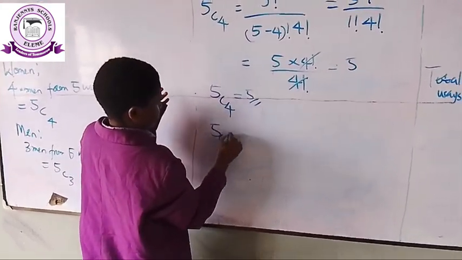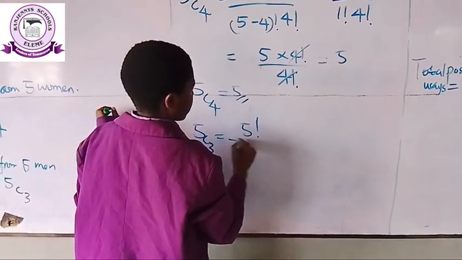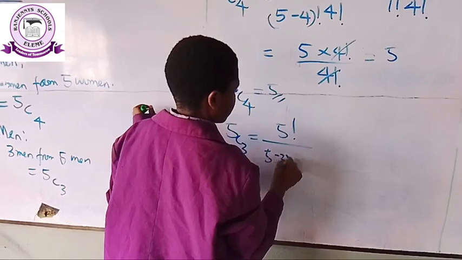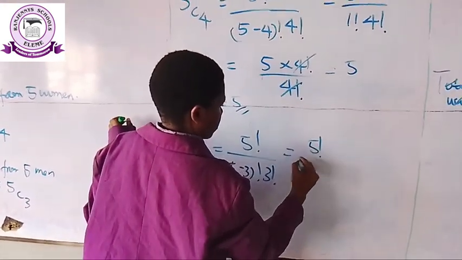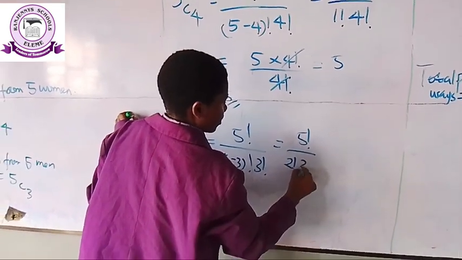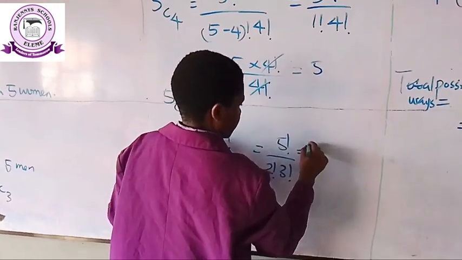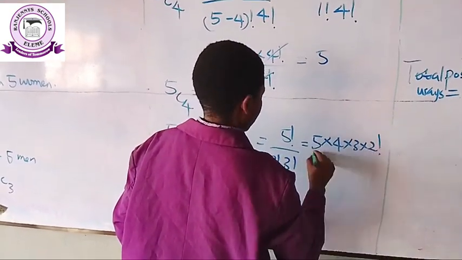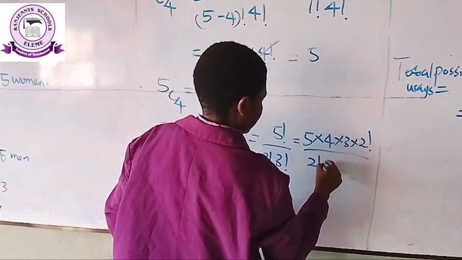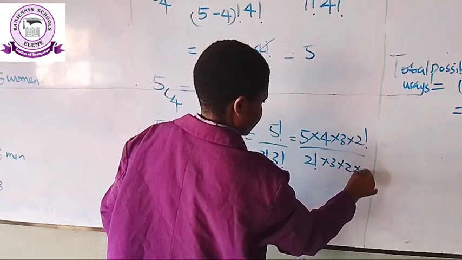5 combination 3 is equal to 5 factorial over 5 minus 3 factorial times 3 factorial. That is 5 factorial over 2 factorial times 3 factorial. It's 5 times 4 times 3 times 2 factorial over 2 factorial times 3 times 2 times 1.